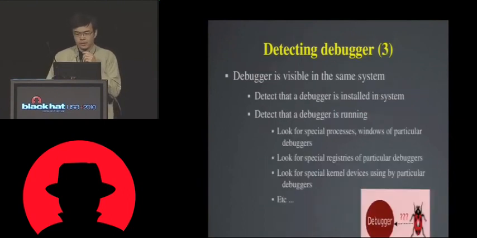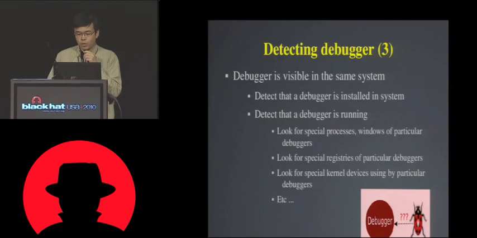The third technique is to check particular system resources, because the debugger uses special system resources in the same system. For example, the debugger has its own file name when it is installed, and malware can detect the file name.